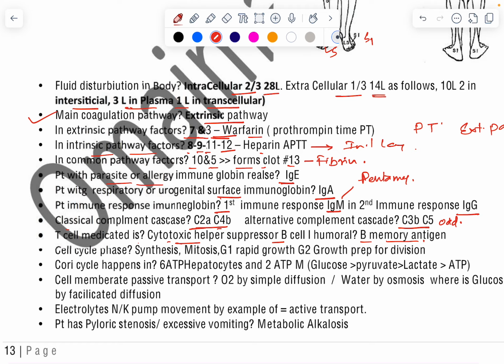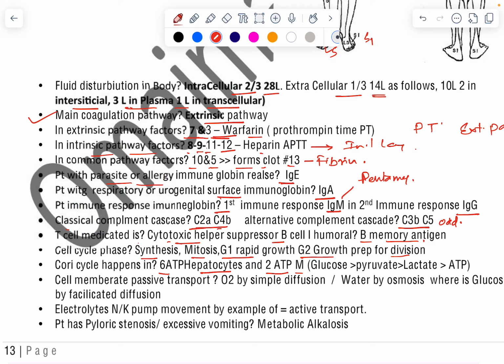Cell cycle phases: first is synthesis, then mitosis. G1 is rapid growth, G2 is preparation for division. Cori cycle happens in erythrocytes and hepatocytes: 6 ATP used in hepatocytes, 2 ATP produced, glucose converted to pyruvate and lactate.